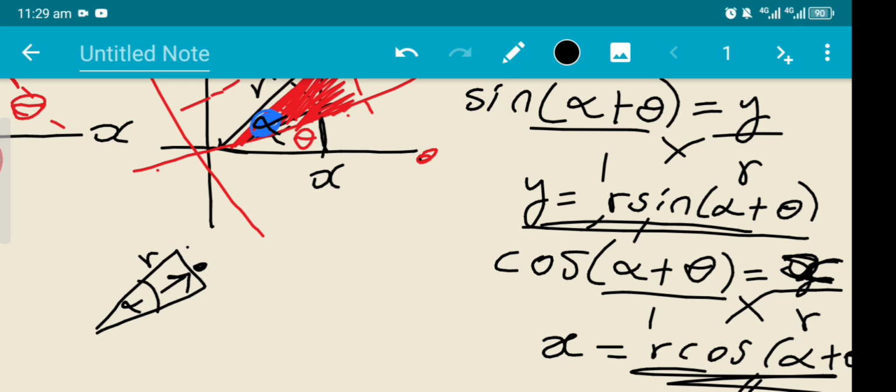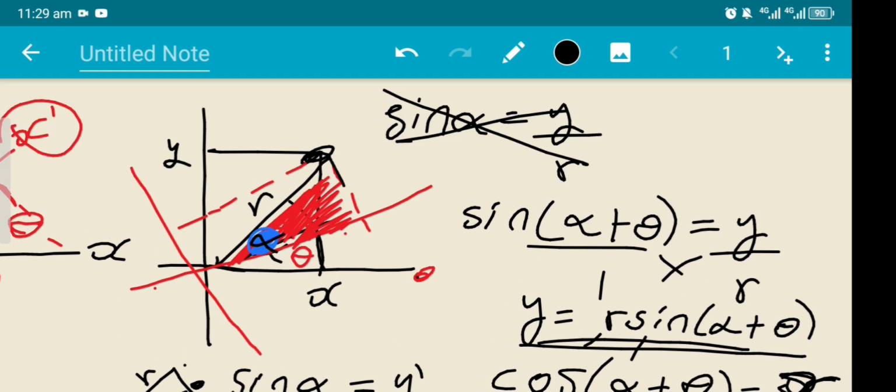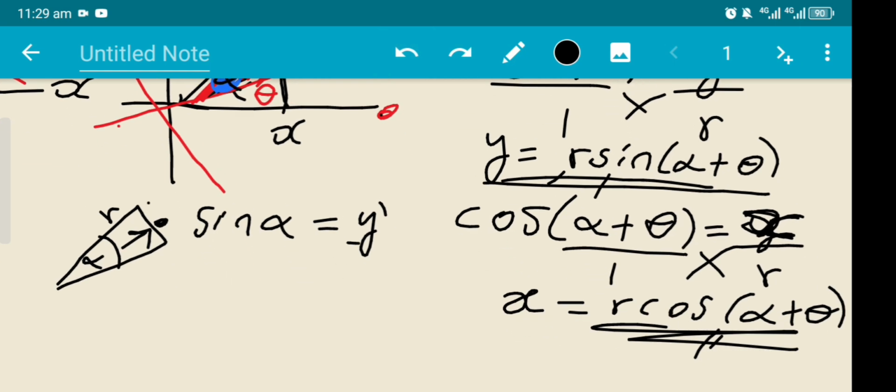So sine alpha is equal to the opposite, y prime, over the hypotenuse, which is still r. Let's solve for y prime. When we do, y prime is equal to r sine alpha.